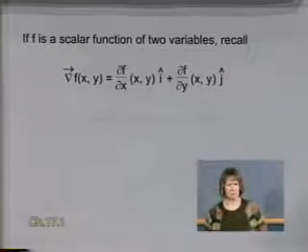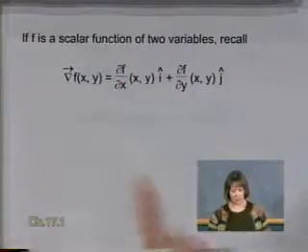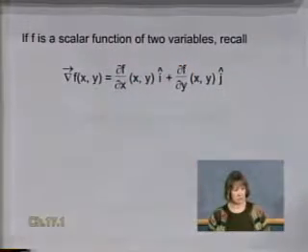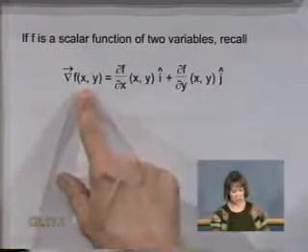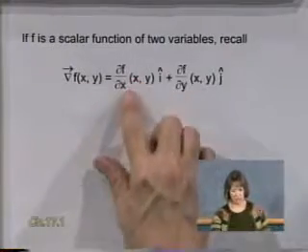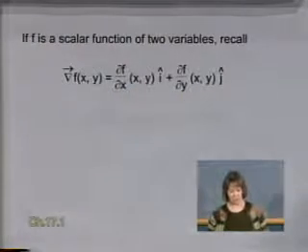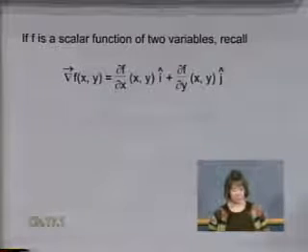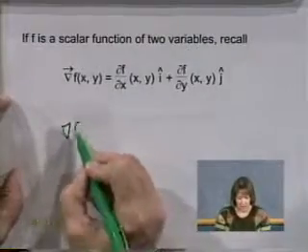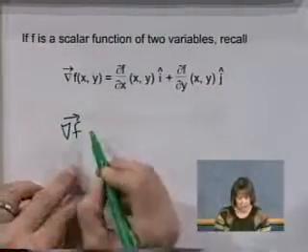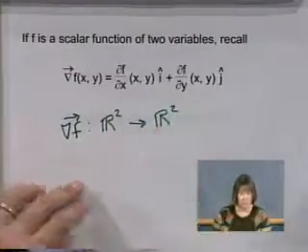Last chapter, no, we just took the test on 16. This is chapter 15. We learned how to take the gradient of a scalar function of two variables. And notice what this does. When you take the gradient of a scalar function, you get a vector, because it's the partial of f with respect to x evaluated at the point x, y, times i, plus the partial of f with respect to y evaluated at the point x, y times j. So if you have a scalar function of two variables, the gradient maps a point in R2 into a vector in R2.